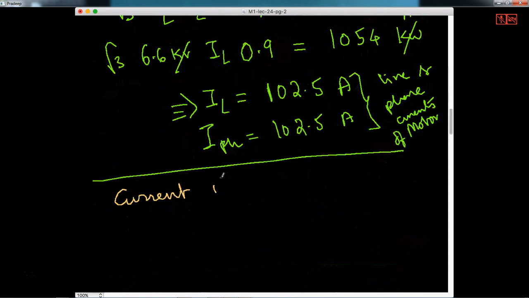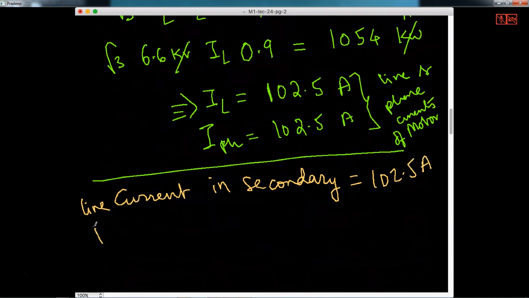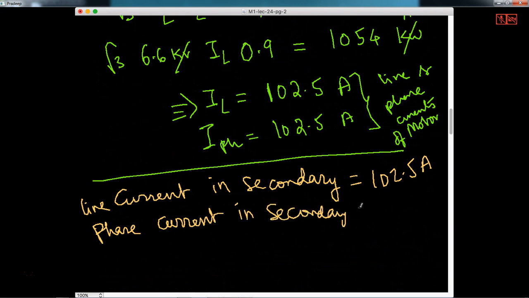In fact, the current in the secondary of the transformer, let's call it line current, is also equal to 102.5 amperes. So now the phase current in the secondary will be 102.5 divided by square root of 3.